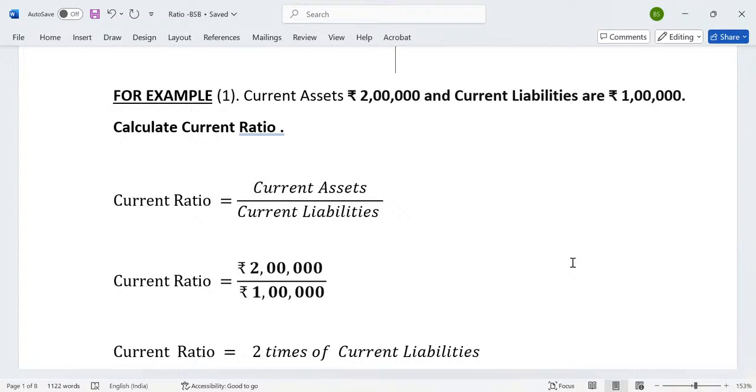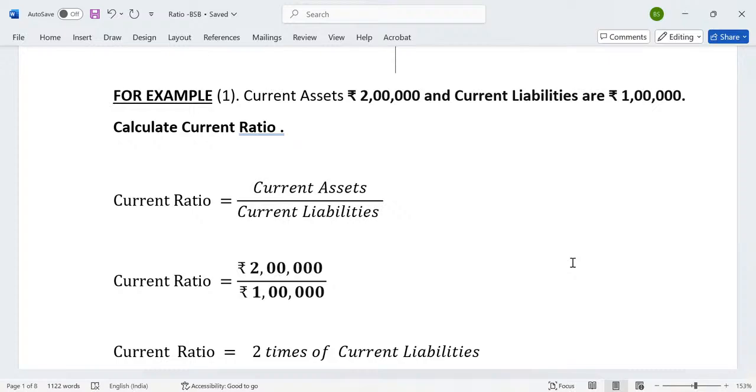Just in order to give an idea about the proportion, number of times, fraction, that's why I am giving this example. The first example, current assets rupees 2 lakh, current liabilities rupees 1 lakh. Calculate current ratio. Answer, current ratio is equal to current assets divided by current liabilities, which is rupees 2 lakh divided by 1 lakh.